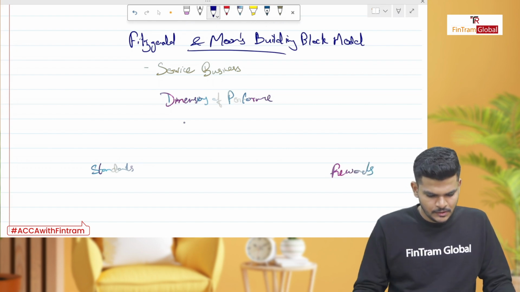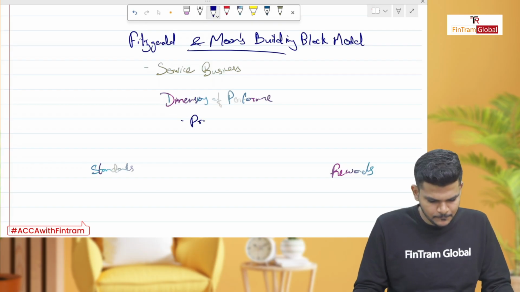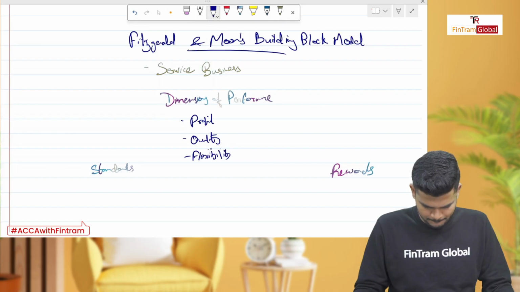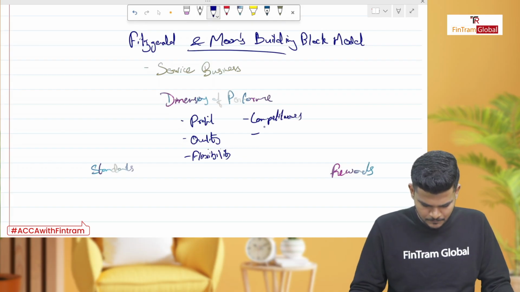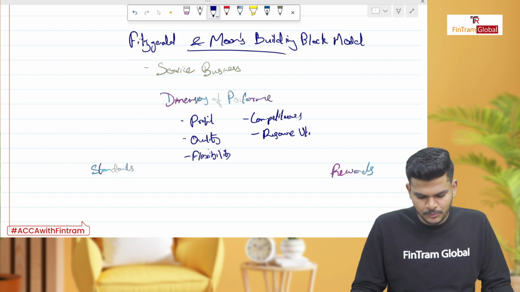Okay, folks, what are the dimensions of performance? Profit, quality, flexibility, competitiveness, and resource utilization.